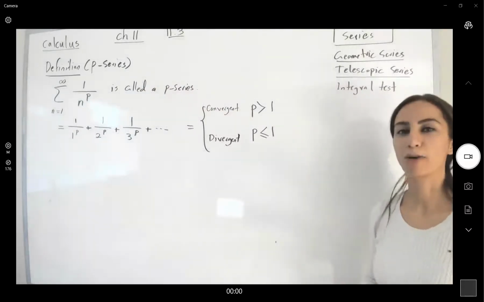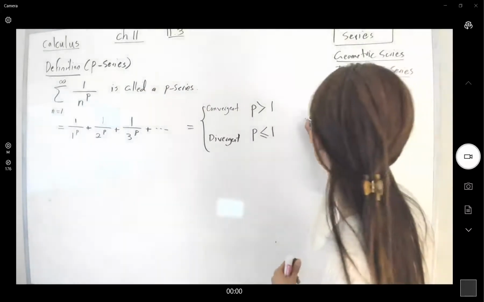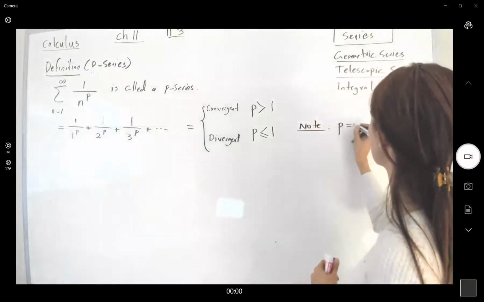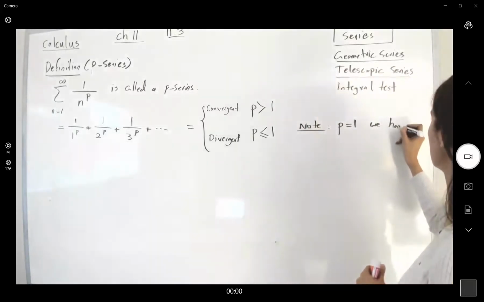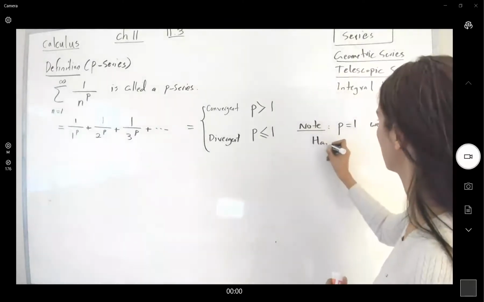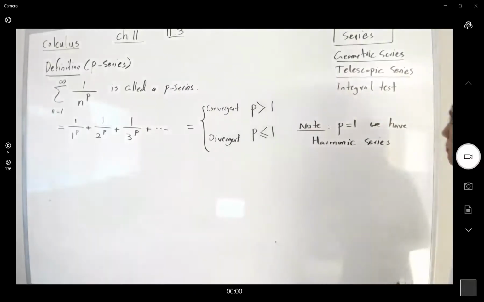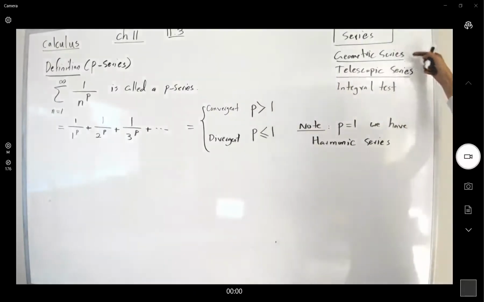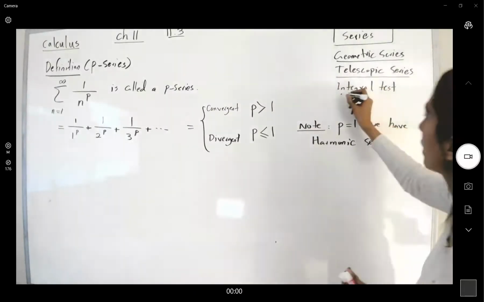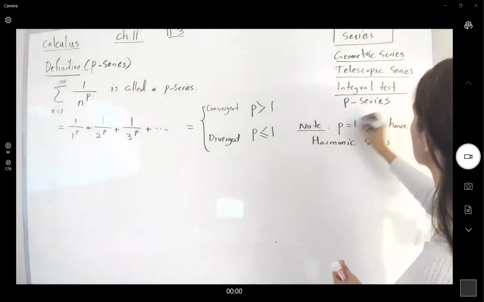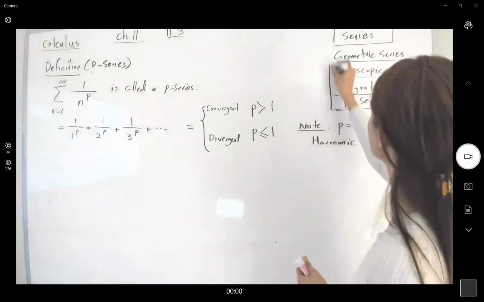We call it the harmonic series. So note, p equals 1 gives the harmonic series. Geometric series, telescopic series, integral test, and P series. So far we learned about these four.